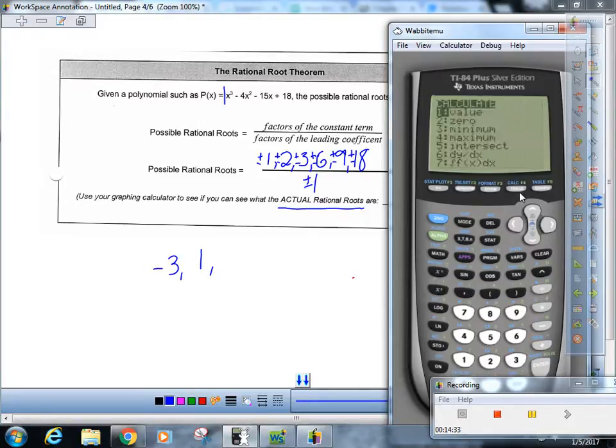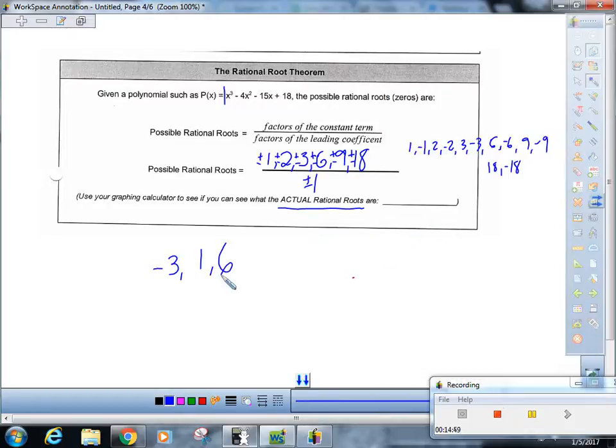Second, trace, 2. Enter, enter, enter, and 6. Okay? So the actual rational roots are -3, 1, and 6. Got it?